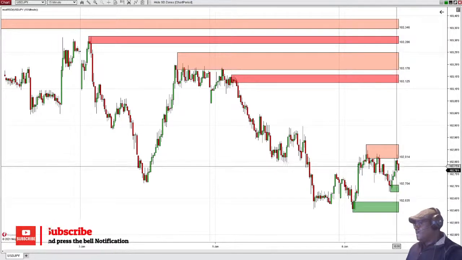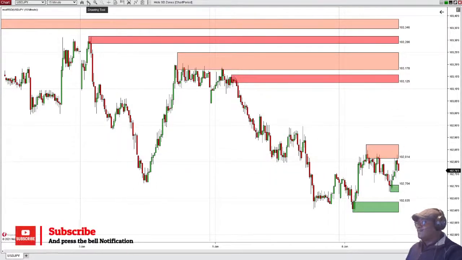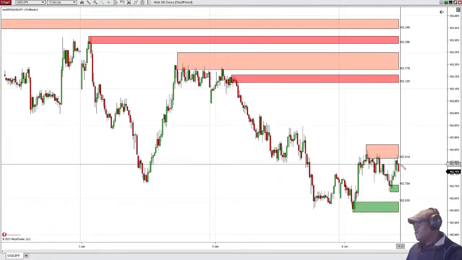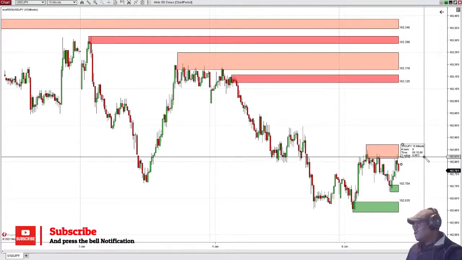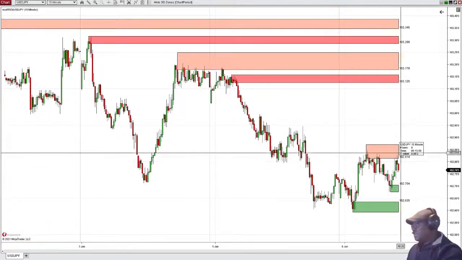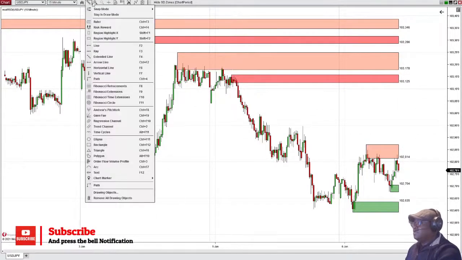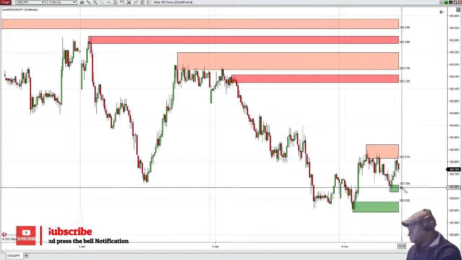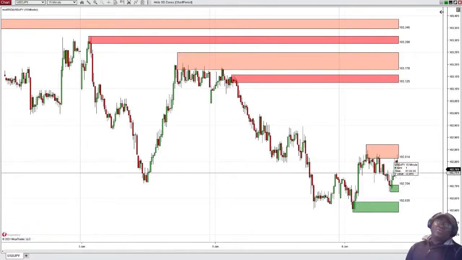Because if I have to enter at the close of this candle, my stop loss will be too big. If I have to enter from here, and my stop loss is, let's say, here, 8 pips, it's 9 pips, so roughly 1 to 1.